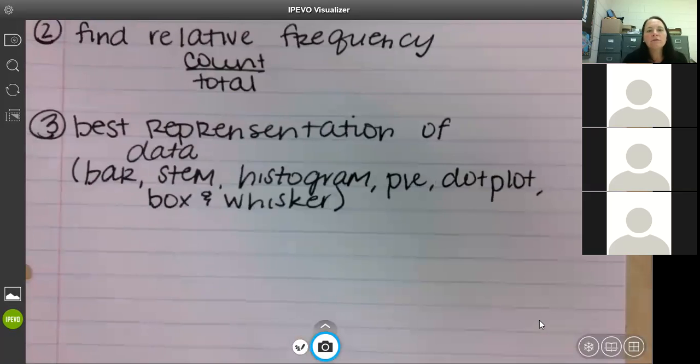When do we use bar graphs? For categorical. Categorical, yeah. Stem and leaf plot, you guys know what those are. You can use those for small sets of data. Don't use it for large sets.